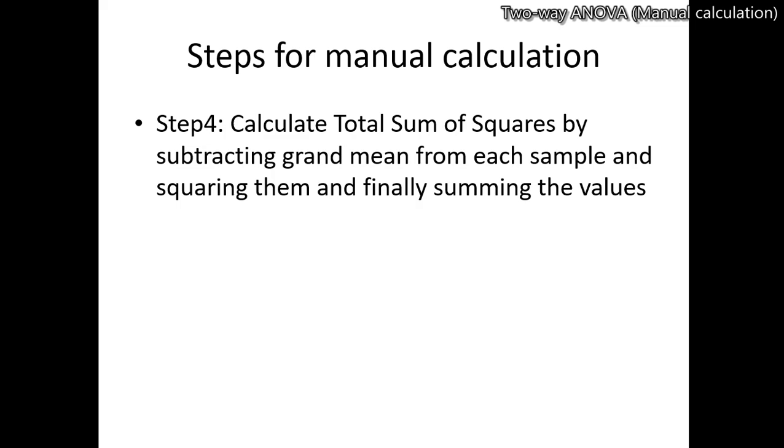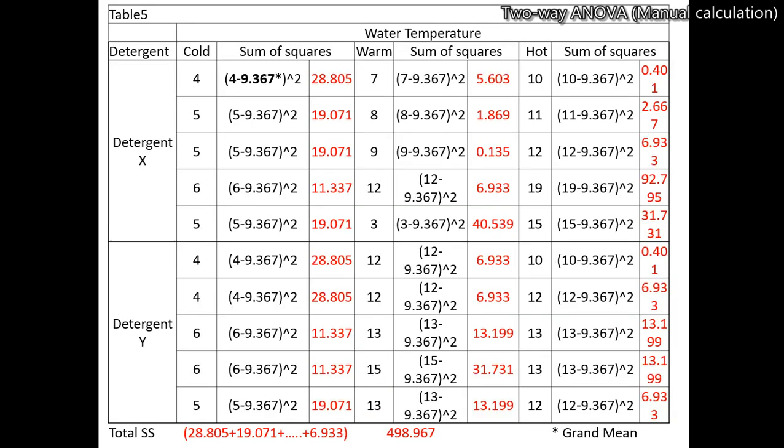Now we calculate the total sum of squares by subtracting the grand mean from each sample, squaring them, and finally summing the values. Here we calculated the total SS. We have already calculated the grand mean as 9.367. So we subtract the grand mean from each sample and square it, and then sum the squares.